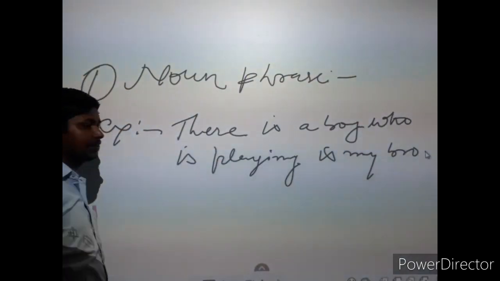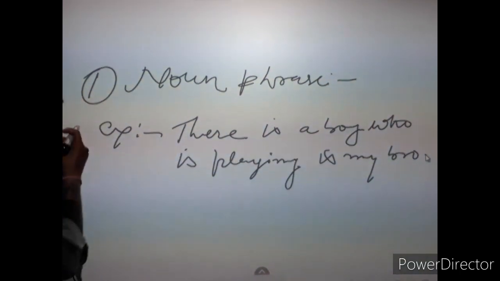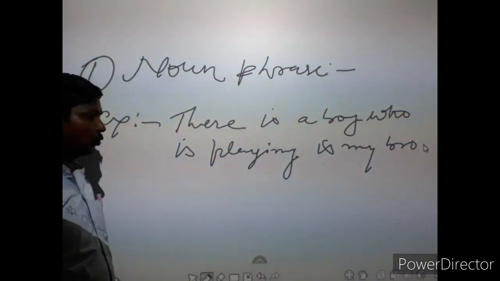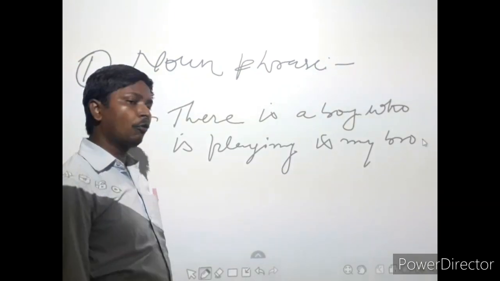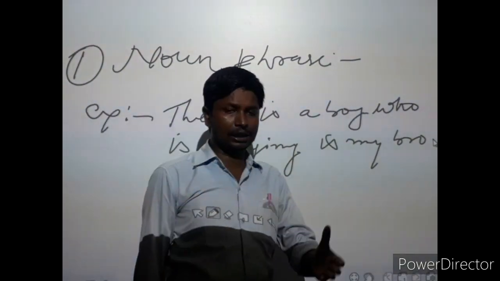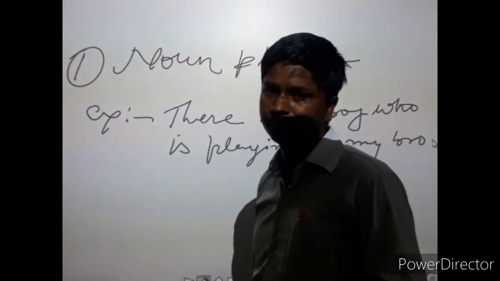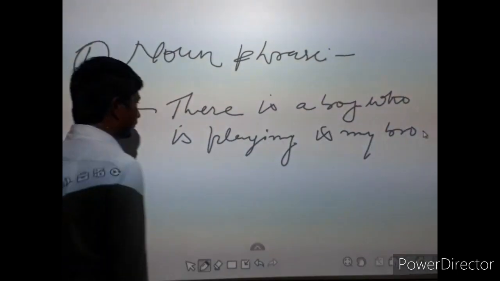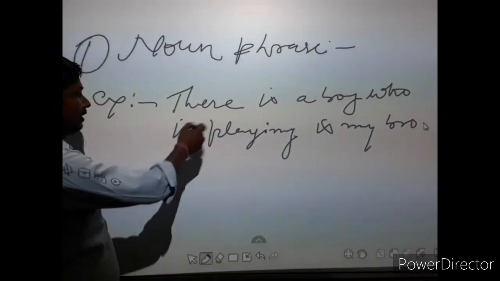You can see the sentence here, and from this sentence I am going to elaborate how you can find a noun phrase, an adjective phrase, or an adverb phrase. Focus here, please. The sentence is written here.